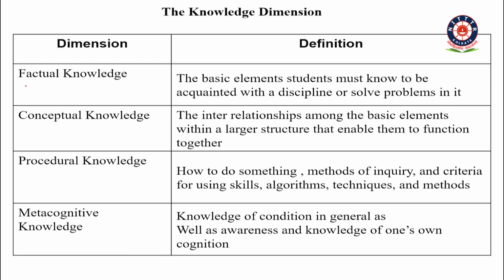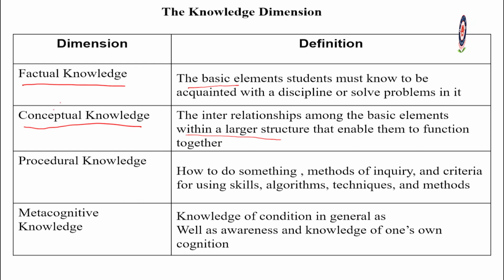First one is factual knowledge, which is basic elements students must know to be acquainted with the discipline or solve problems in it. Another is conceptual knowledge, the interrelationships among the basic elements within a structure that enable them to function together.